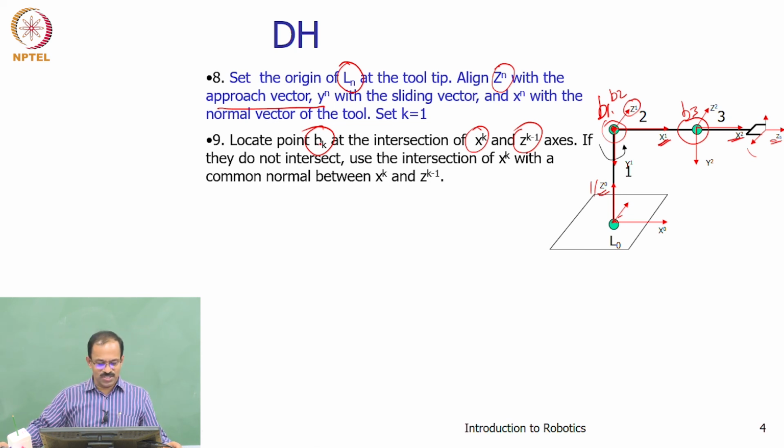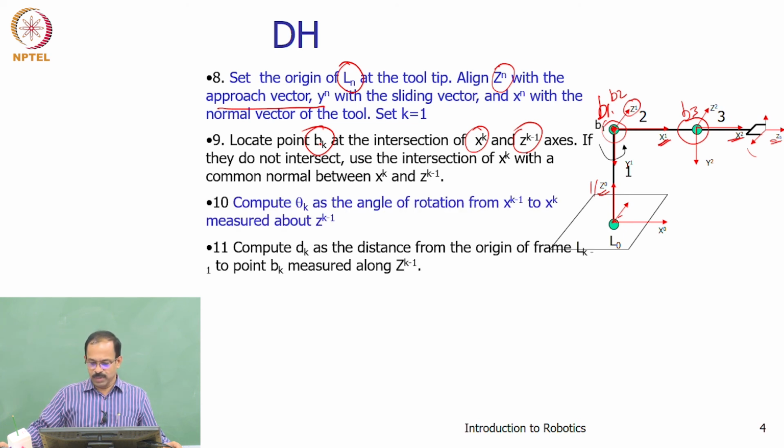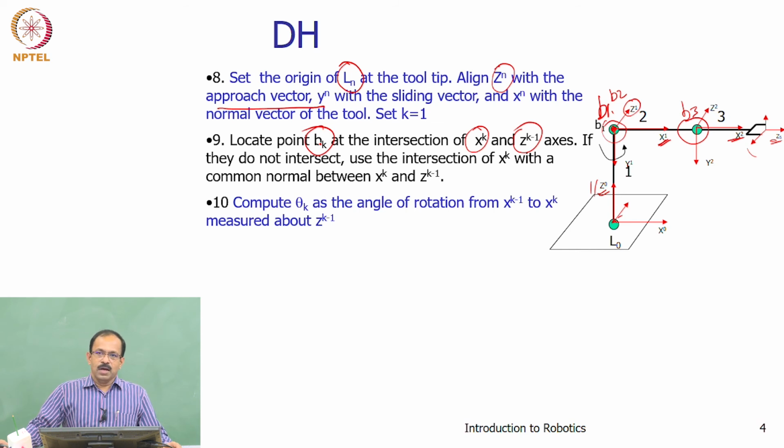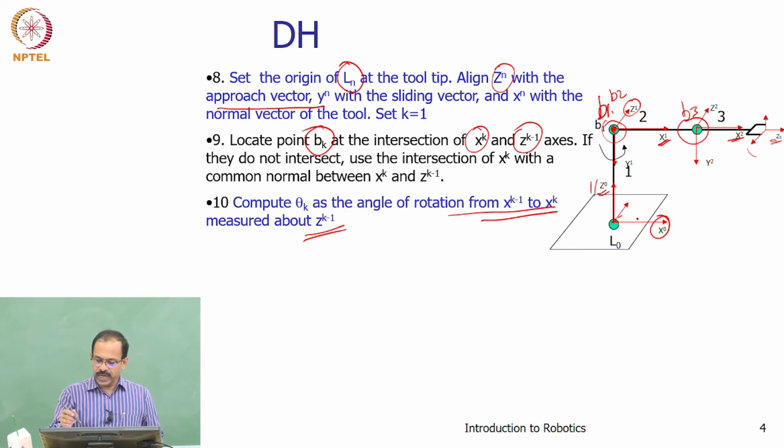Now, once you have B1, B2, B3 and so on, how do you get theta k? Theta k is the angle of rotation from xk minus 1 to xk measured about zk minus 1. You have to find out the rotation of x0 to x1 with respect to z0. If there is any rotation from x0 to x1, that will be theta k, measured about this axis.